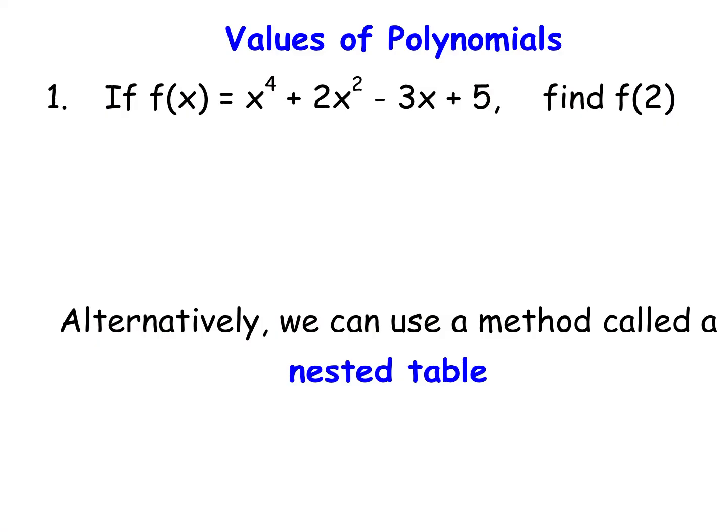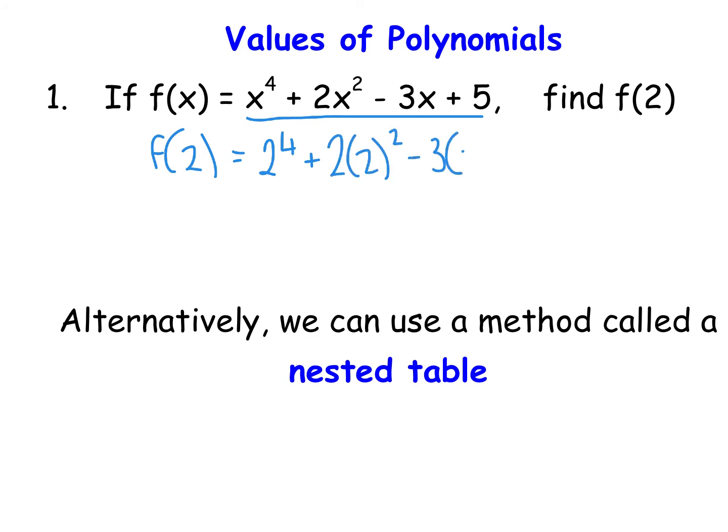So what we're going to do today is work out some values of polynomials. Now the most standard way of doing it is how you would have done it at Nat 5. If we gave you the function f of x equal this thing here, and I asked you to find f of 2, you'd say, oh well, that's just plugging in x is 2. So if we plug in x is 2, you end up with 2 to the power 4 plus 2 times 2 squared minus 3 times 2 plus 5.